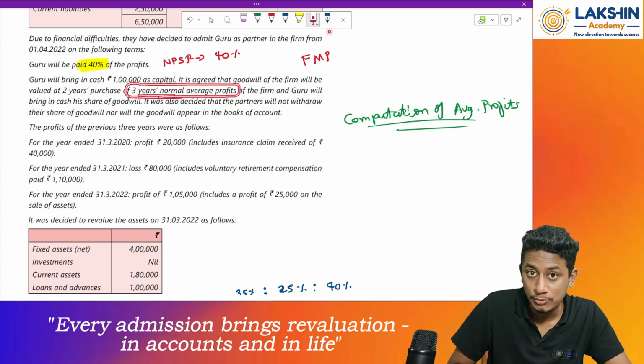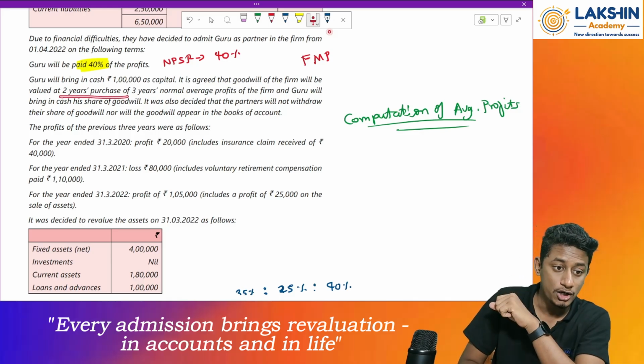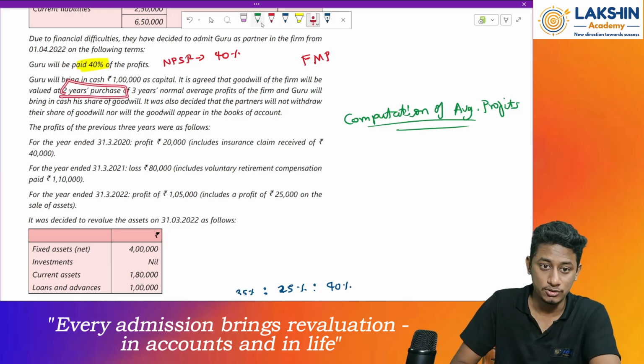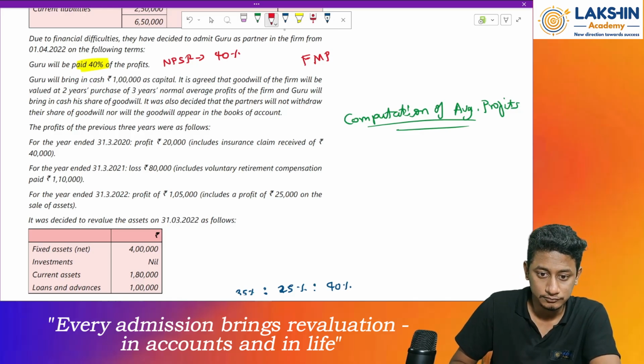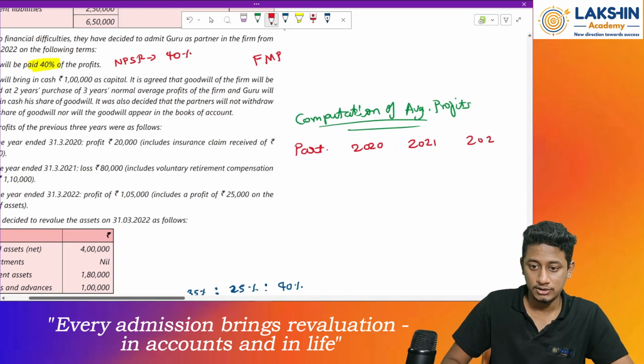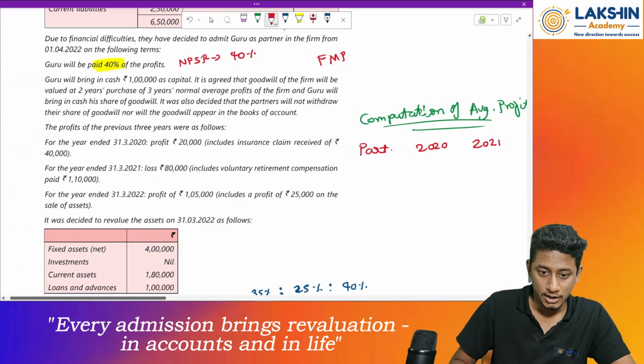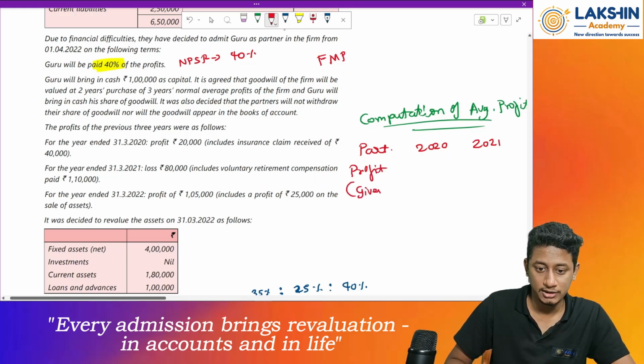Using that, I need to find out goodwill value for 2 years of purchase. Right? So, start. Write down the years. I just mentioned particulars over here. Particulars year 2020, 2021, then 2022. Okay, start.